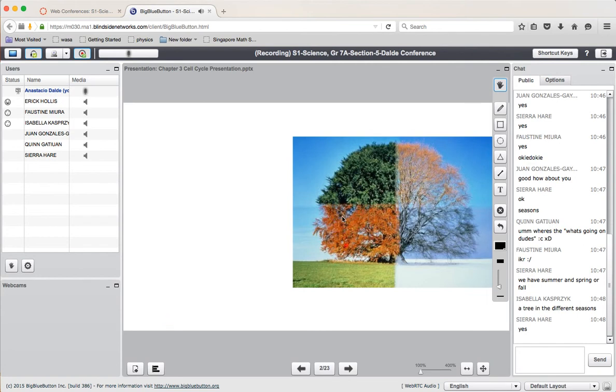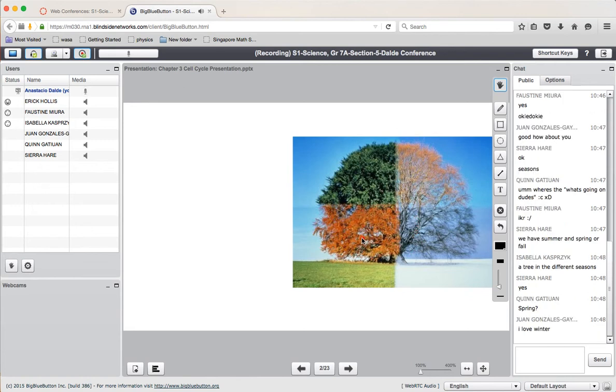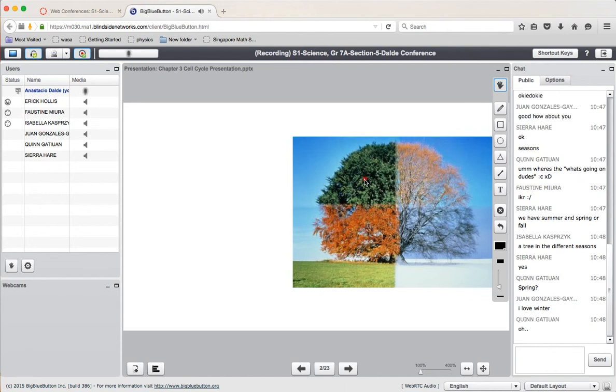So this has got to be winter. So this must be, let's see, fall. And this is spring. That's got to be summer. Did I get that right? Wait. Winter, spring, summer, and fall. Okay, let's see.